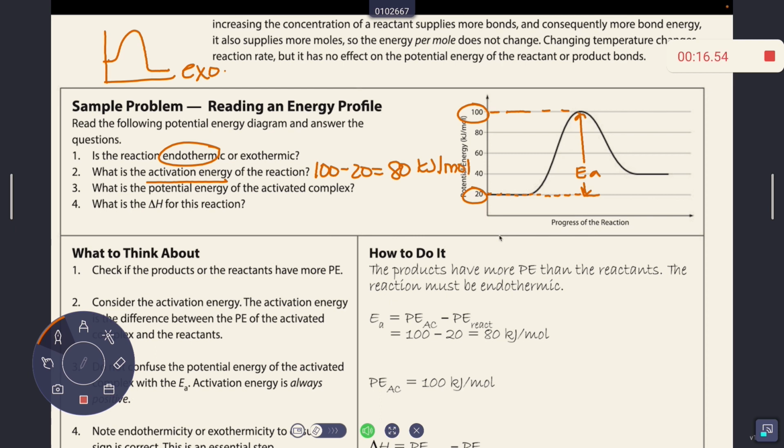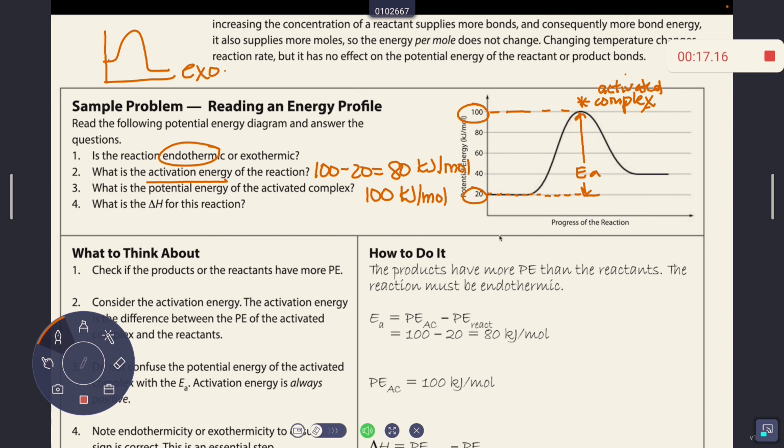What's the potential energy of the activated complex? Your activated complex is at the peak, so just follow that peak over to the y-axis. Yeah, 100.